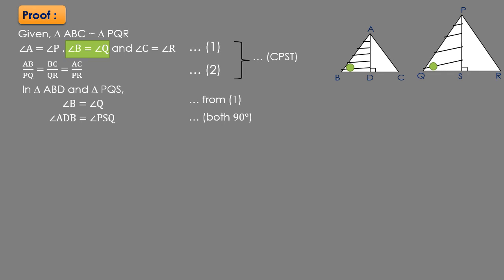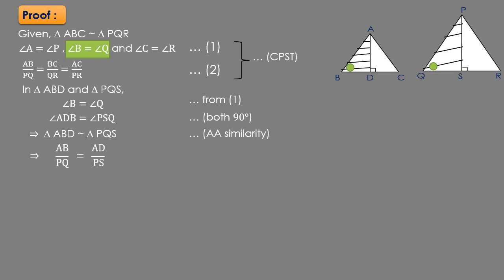So this is sufficient for us to say that triangle ABD and triangle PQS are similar by angle-angle similarity criteria. Now, as these two triangles are similar, we can say that the corresponding sides of these two triangles are in proportion.